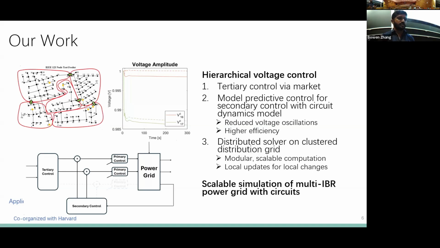And then the last method we develop is a distributed solver for a clustered distribution grid, which allows for more modular and scalable computation. And it requires only local changes when you have local updates to the network. And finally, we present a scalable simulation of multi-IBR power grids with the circuit dynamics.